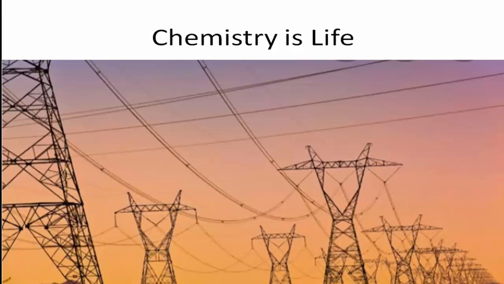Then electricity plays an important role in our lives, and without electricity we are not able to move our lives forward, because we use a number of different machines which are operated through electricity. And if we consider the definition of electricity or electric current, that is the flow of electrons, and if we are using this term, flow of electrons, it means that again chemistry is involved in this sector as well.